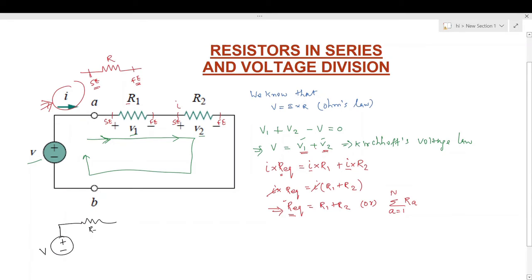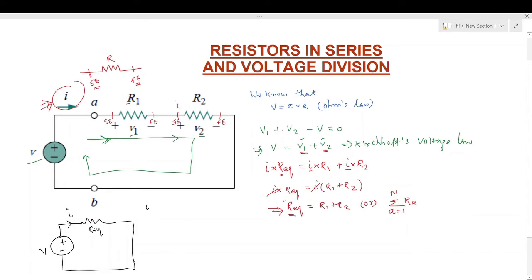This is the R equivalent resistor, and the other end of this resistor is connected with the negative terminal of the supply voltage, and the amount of current flowing through this circuit will be I. From this circuit we can find out the current.